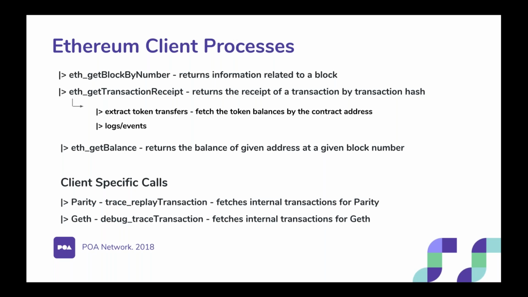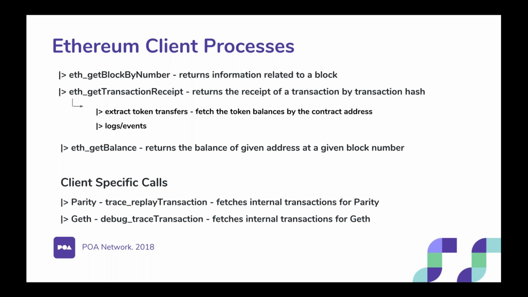So we go fetch get transaction receipt with the transaction hash included as an RPC call. From this information, we get the gas used, the events of that. From the events, we are able to extract the token transfers for that particular transaction.